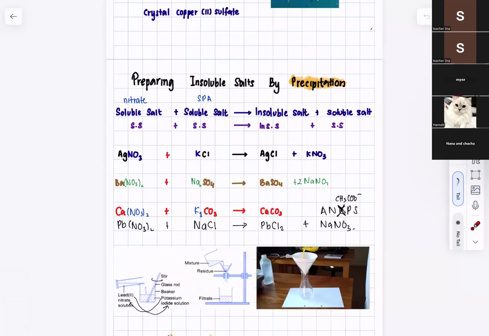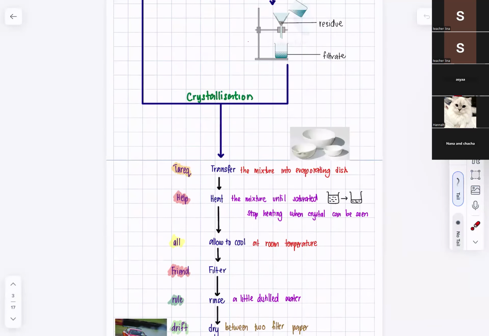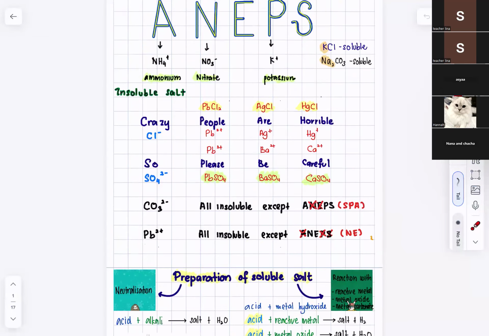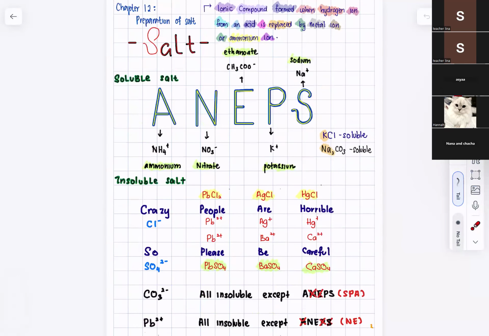Insoluble. So lead carbonate is insoluble. Okay. So lead iodide, soluble or insoluble? Insoluble.